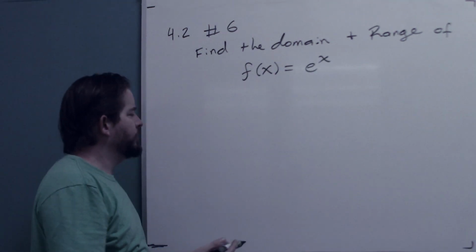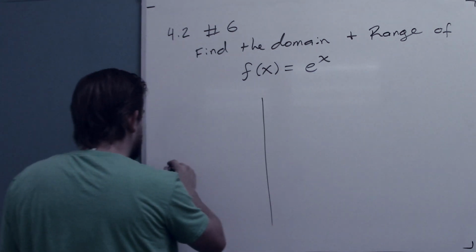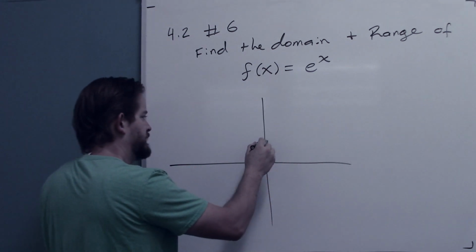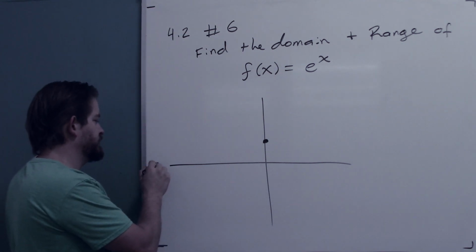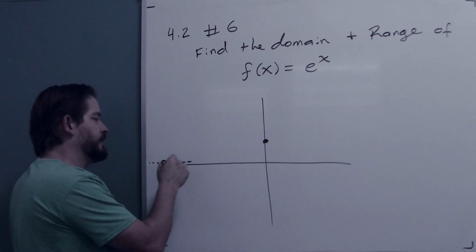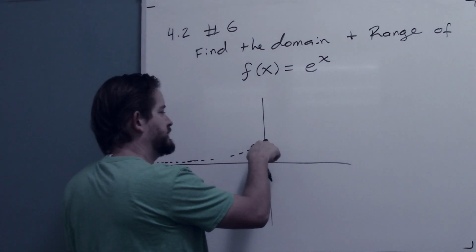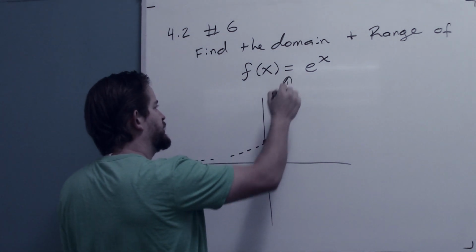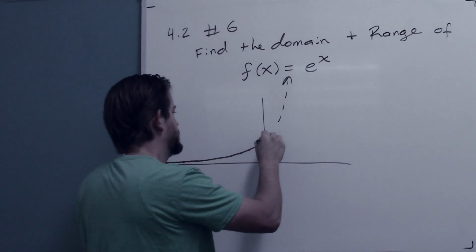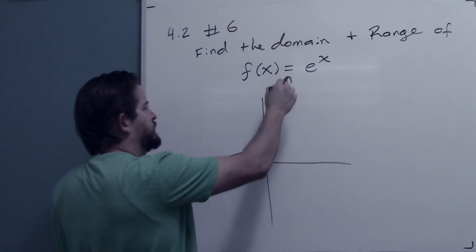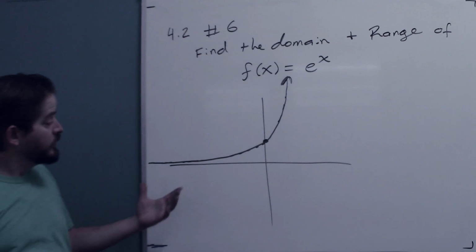Okay. But we know what e to the x looks like graphically. If it's just a simple e to the x, it's an exponential that comes asymptotically off of the x-axis from the left, goes through that point 0, 1, and then just goes up exponentially. So something like that, right?